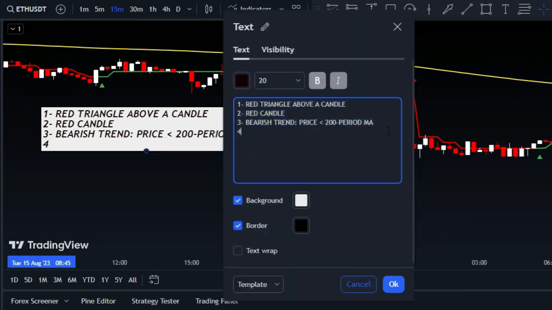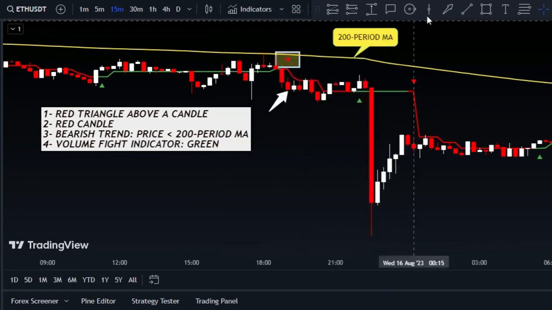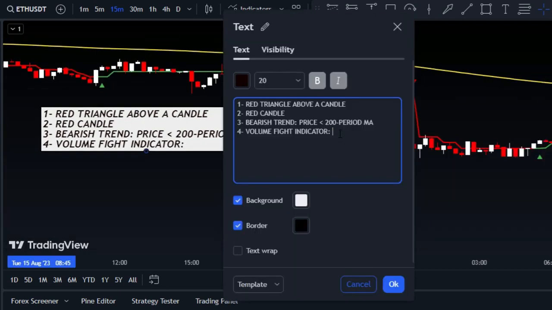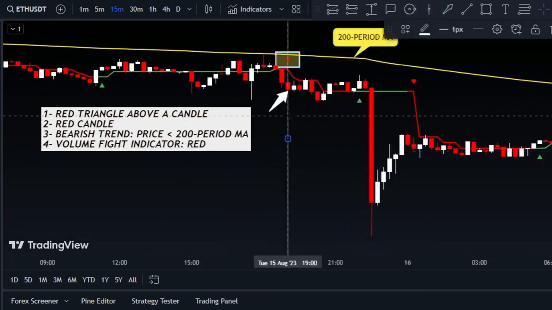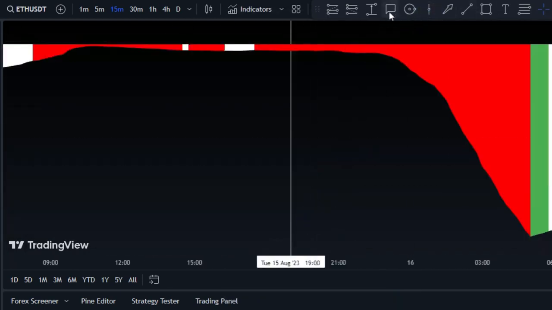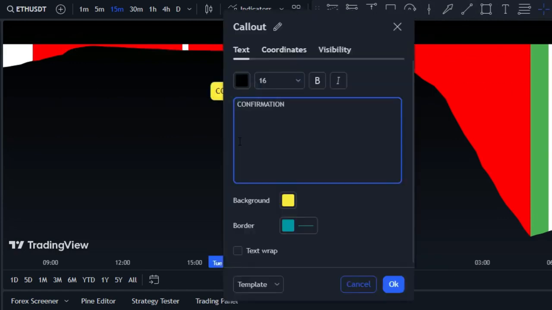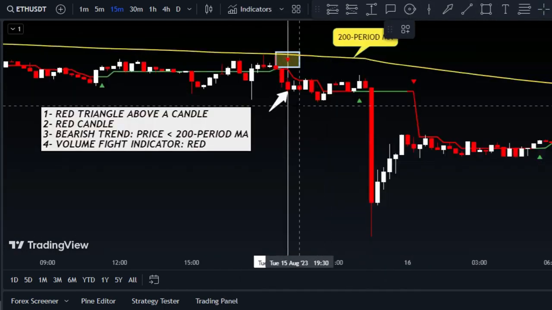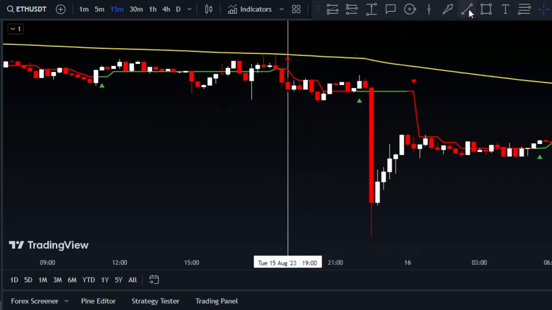Lastly, verify that the volume fight indicator also displays a red region corresponding to the signal candle. Once all these criteria align, it's time to enter a short trade.